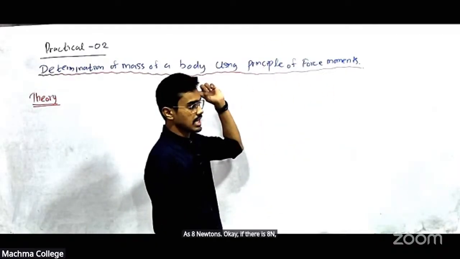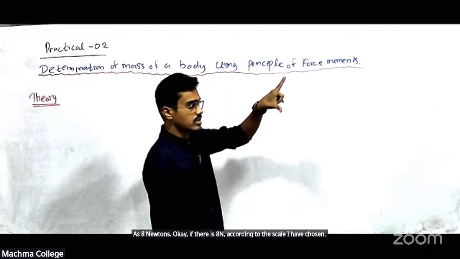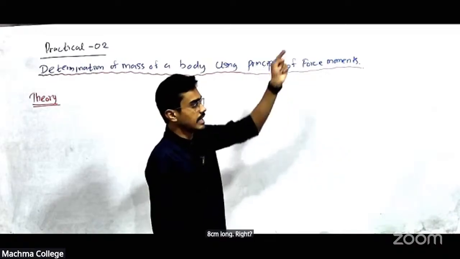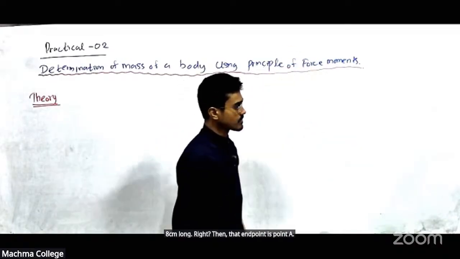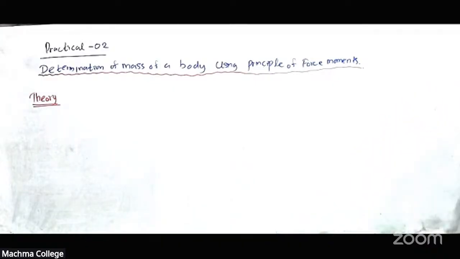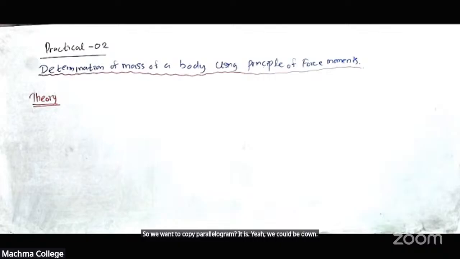According to the scale I have chosen, I have to draw a line of 8 centimeters long. Then that end point is point A. Yes, you copy it down.